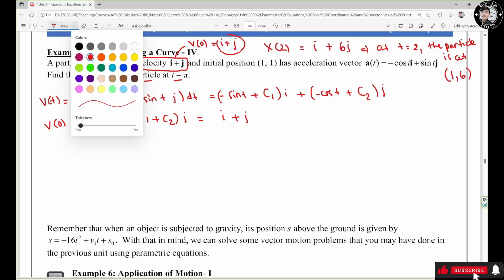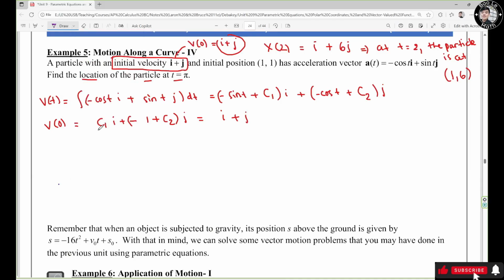Now you just equate the components, right? C1 must be equal to 1, right? So I have a system of two equations, C1 equals 1 and negative 1 plus C2 equals 1. I solve the system of two equations, right?